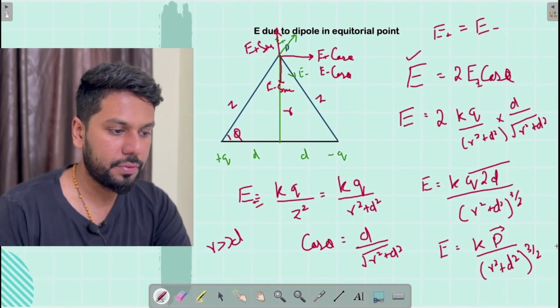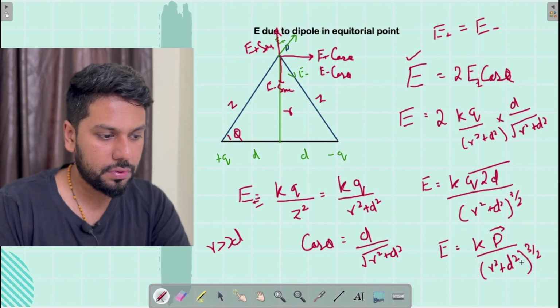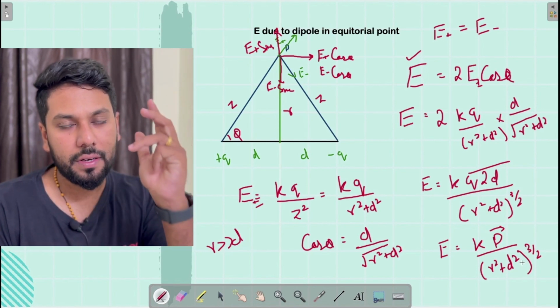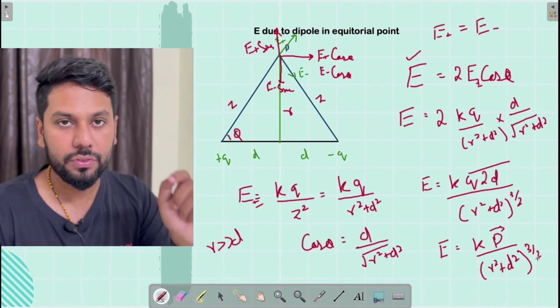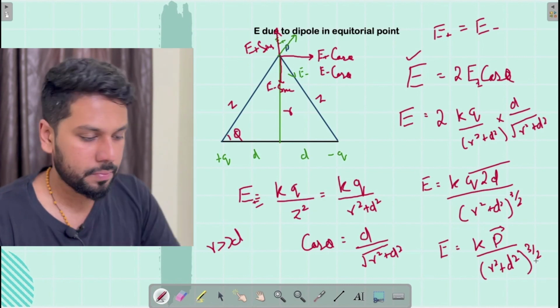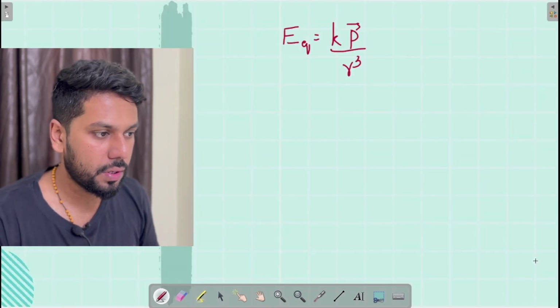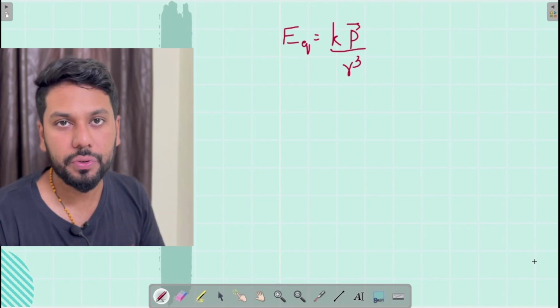Because if D becomes 0, R square power 3 by 2 is going to give me R cube, right? So I get my R cube, electric field at equatorial point.